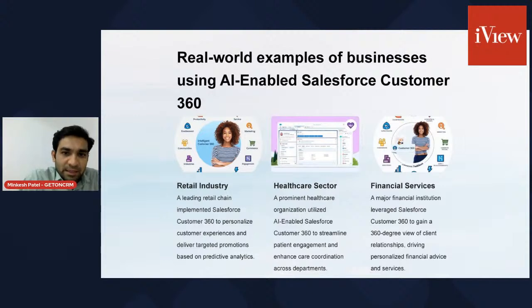Similarly, there is the healthcare sector, right? In the healthcare sector, the customer is the patient. So when a patient is interacting with providers or doctors, they are prescribing some medications for some disease, and there are several symptoms to that.